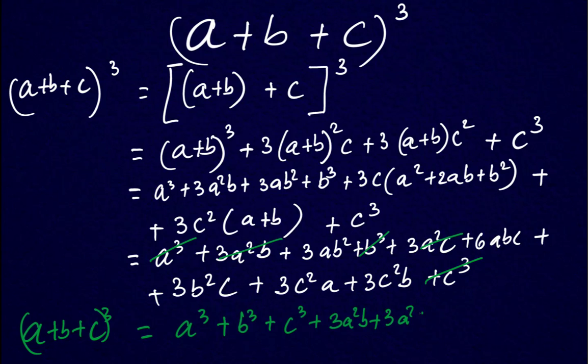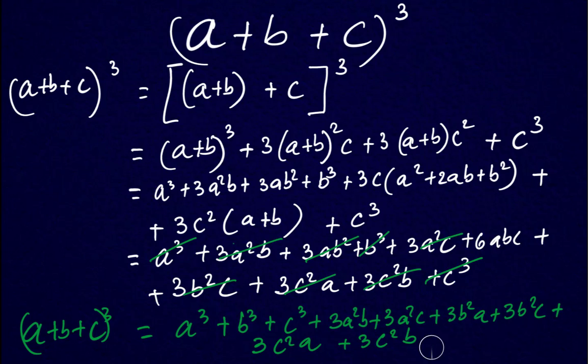You see here, now the b squared, 3b squared a plus 3b squared c, now the c squared, 3c squared a plus 3c squared b, now plus 6abc. And this is a formula you can use to do these complex calculations.